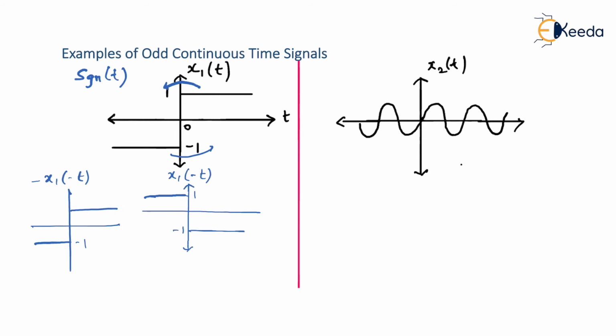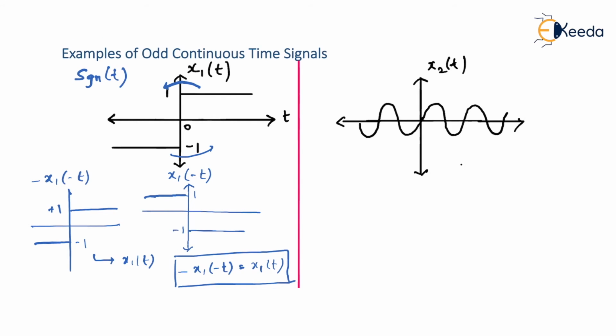It will become plus 1. And surprisingly, what I'm getting is x1 of t only. So here I'm coming to the conclusion, minus of x1 of minus t is equal to x1 of t. This is the final conclusion, and if this equation is satisfied, then the given x of t is called an odd signal. So definitely this is an odd signal.